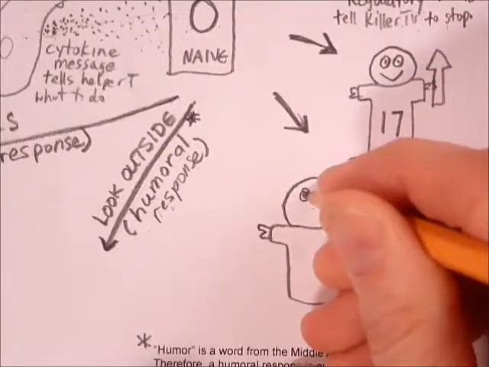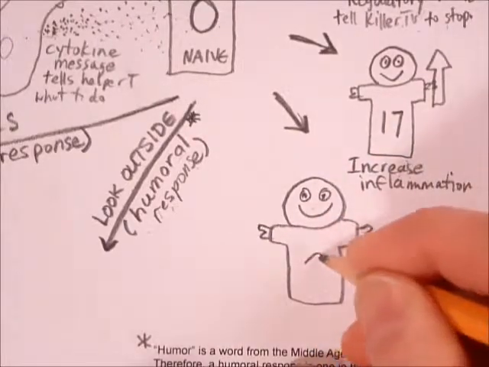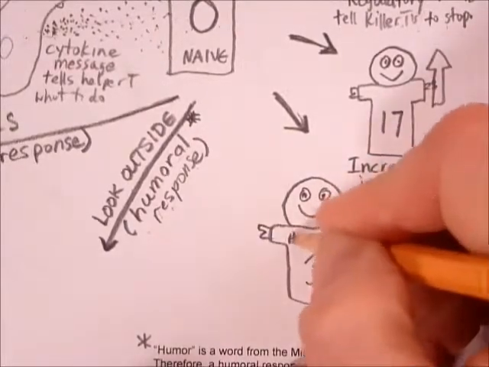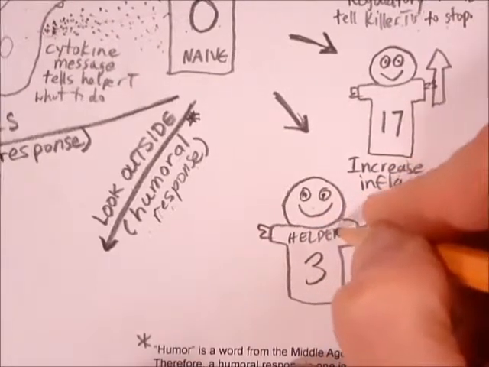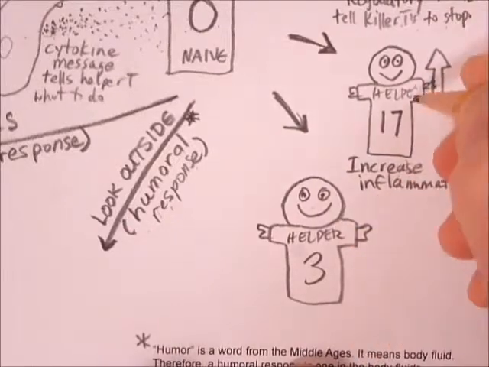Okay, so this guy, once again, he's got a smiley because he has a job now. And he is number 3. And so I'm going to put helper across his chest. I should have put helper on the last guy too. You can put helper. That's his name.